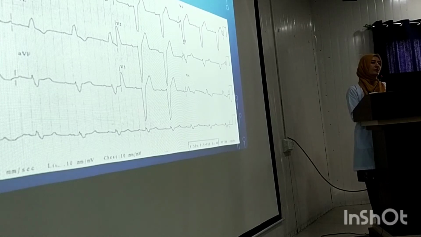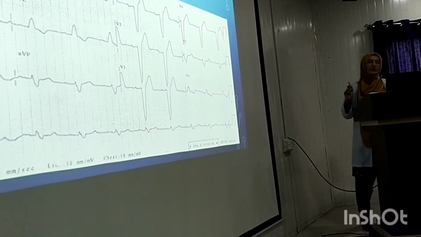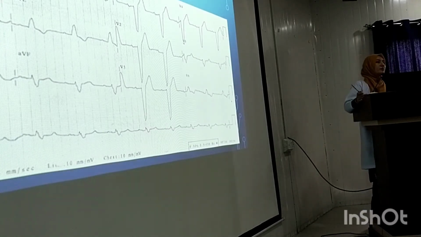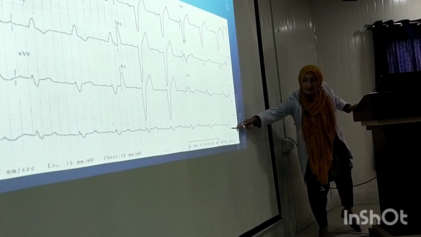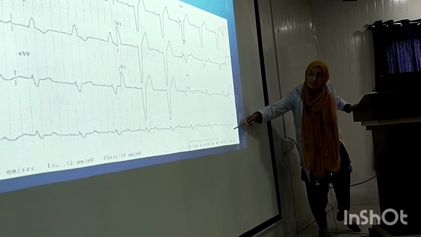So if you get any ECG that is broad like this, and the heart rate falls anywhere between 60 and 100, and the P waves are there, basically it's a bundle branch block. You'll first say it's a bundle branch block, and then you will decide if it's a right bundle branch block or a left bundle branch block. If you get patterns like these in this ECG, this is the left bundle branch block.